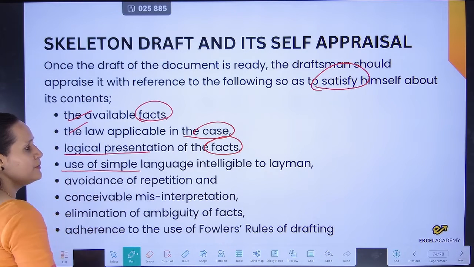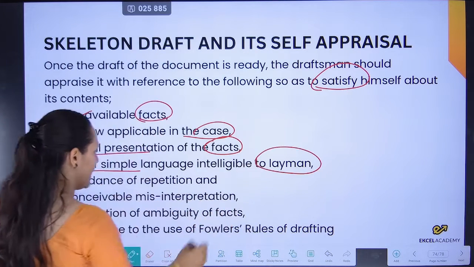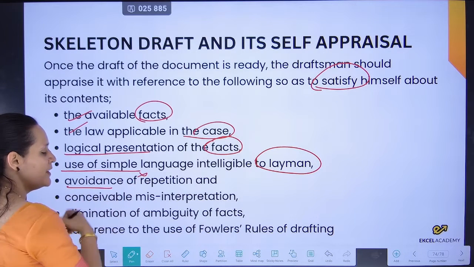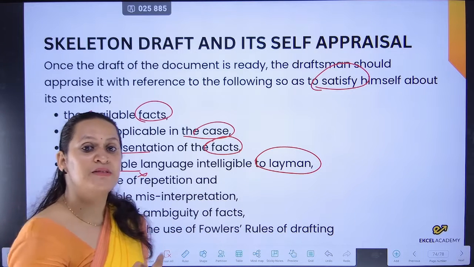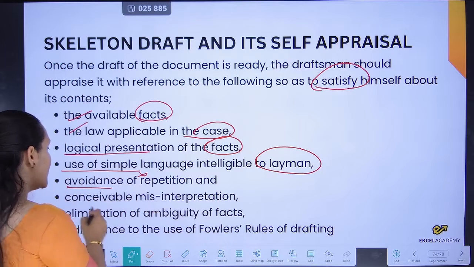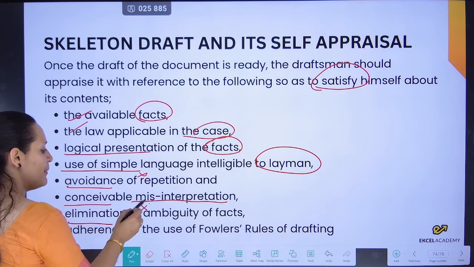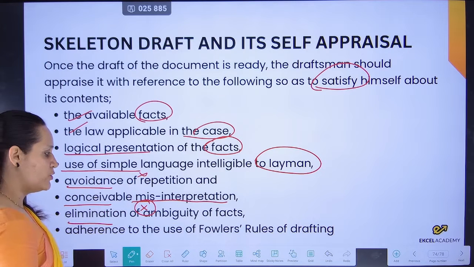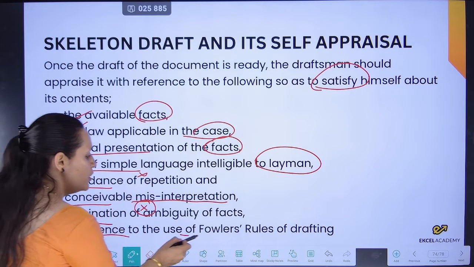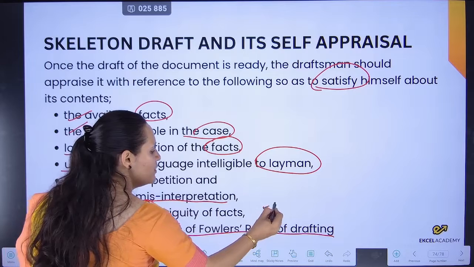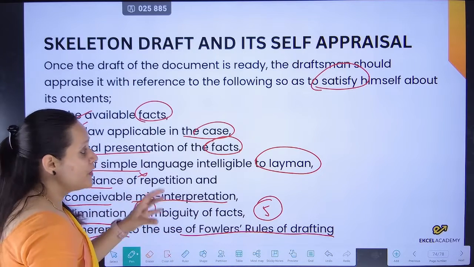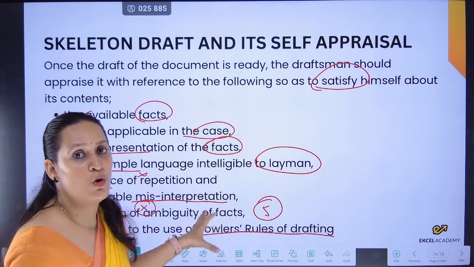The language used can be understood even by a layman. You have avoided any kind of repetition. Avoid repeating the same sentence in your documents. Conceivable misrepresentations are not included. Eliminate any kind of ambiguity or confusion with respect to the facts, and adhere to the rules of drafting, the 5 rules that we have studied previously, whether those rules are followed or not.